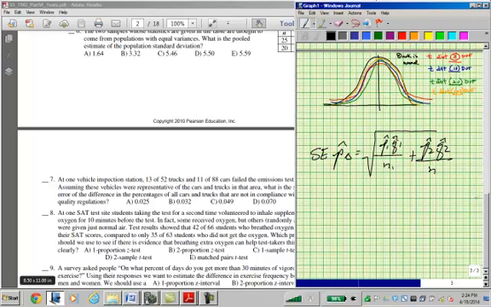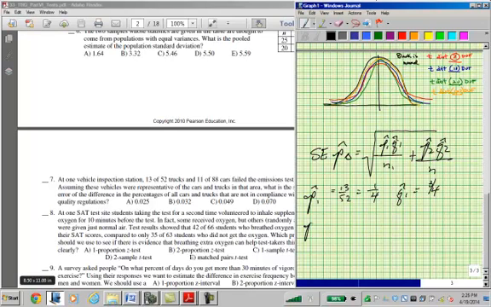It doesn't matter which order you do this in. p hat sub 1 is going to equal 13 out of 52, which, if you're any good at math, you're going to recognize right away is 1/4. So q hat sub 1 is 3/4. So this is going to really help us out a lot.